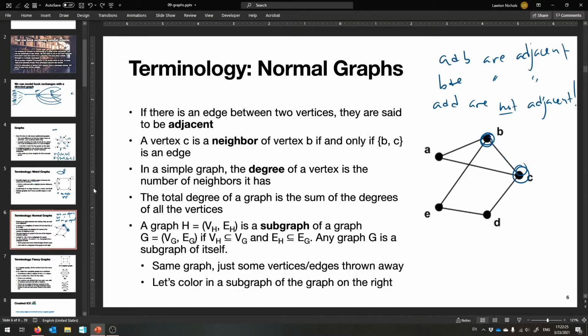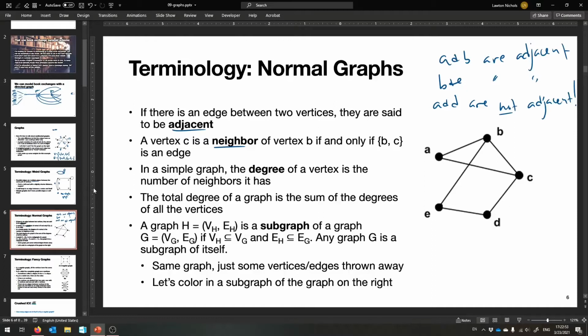So who are all the neighbors of B? Well, we've got A, we've got E, and we've got C. And similarly, we could say that B and E are adjacent, B and A are adjacent, B and C are adjacent. You can use both of those words to get to the same point, but it's sometimes quicker to use one word compared to another.